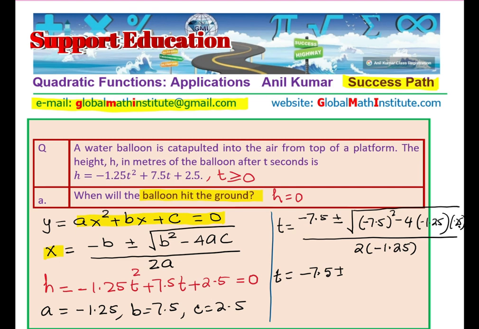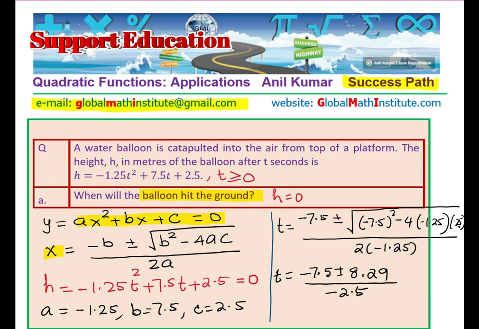I'm going to take square root of that, and that gives me an approximate value of 8.29, divided by negative 2 times 1.25, which is minus 2.5, correct.